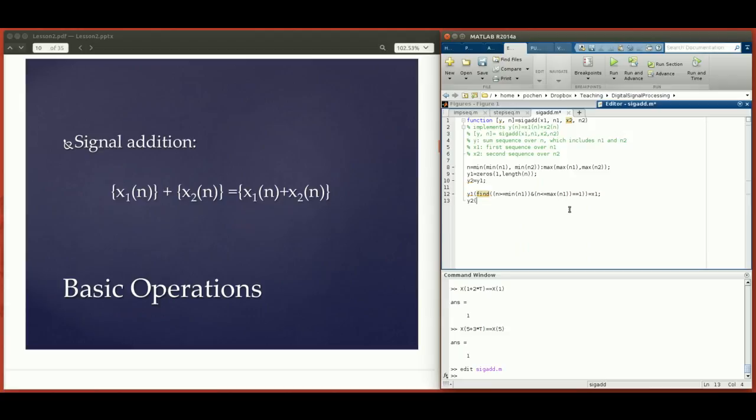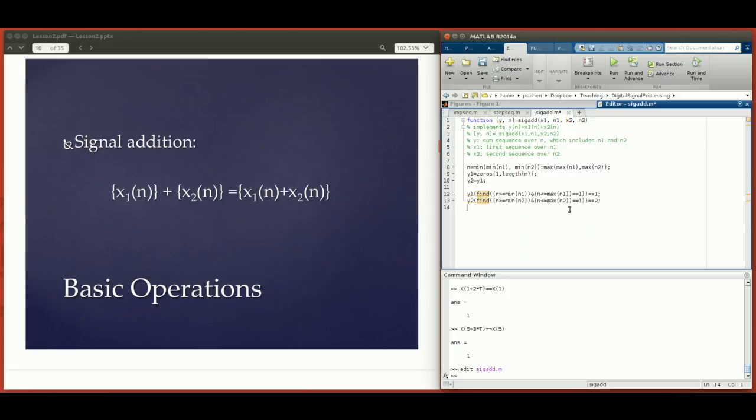It's actually similar. n must be larger than or equal to the minimum of n2, and n must be smaller than or equal to max n2. And this condition has to be equal to 1, and equal to x2.